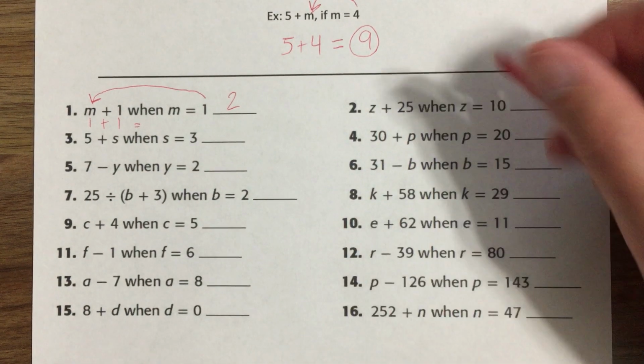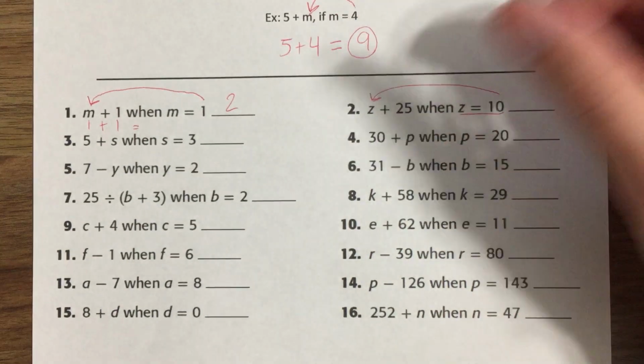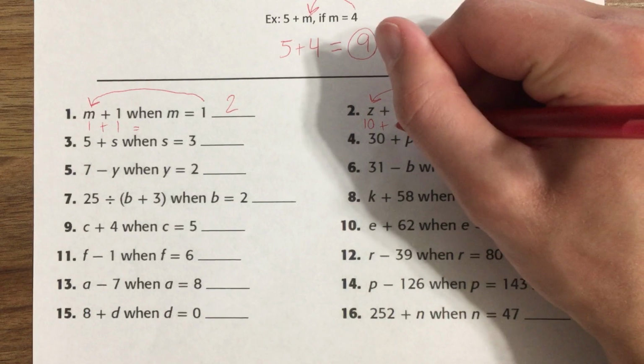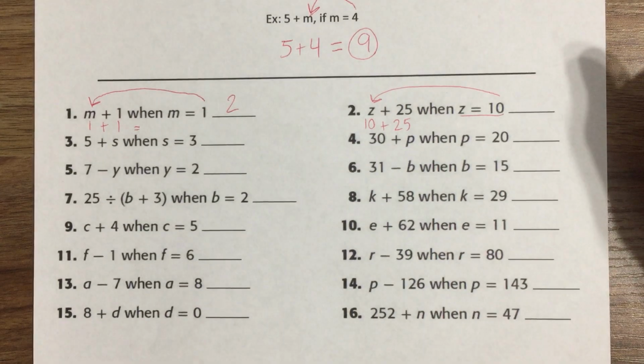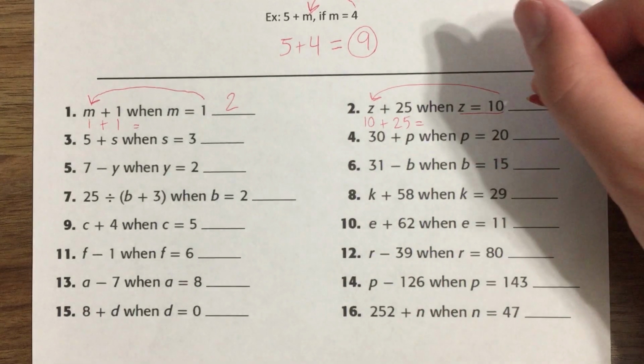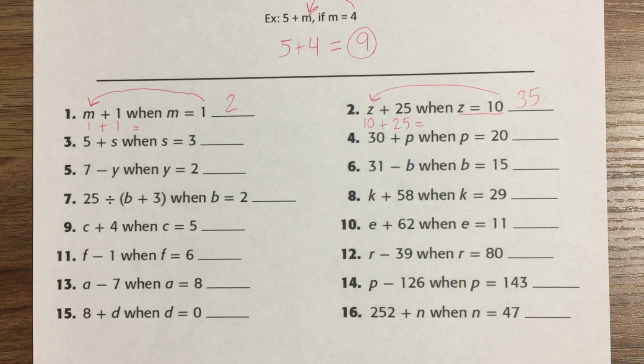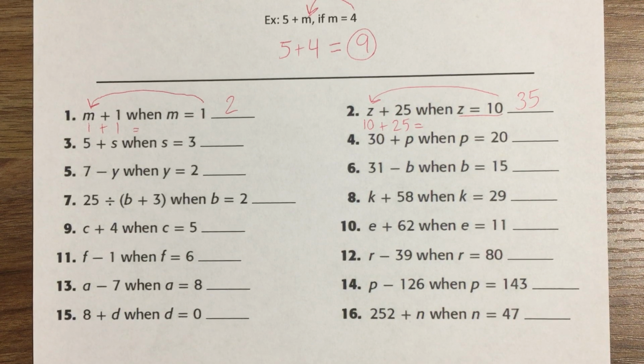Number 2. They tell us that z equals 10 right here. Well, let's plug that 10 in for z. 10 plus 25. We turn it into an equation, 10 plus 25 is 35.